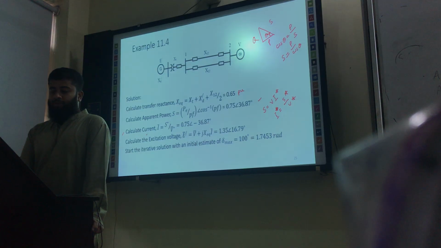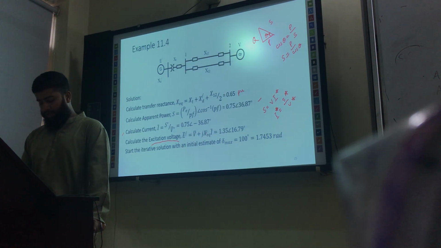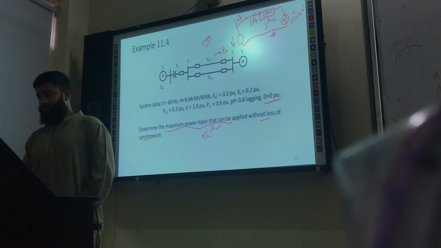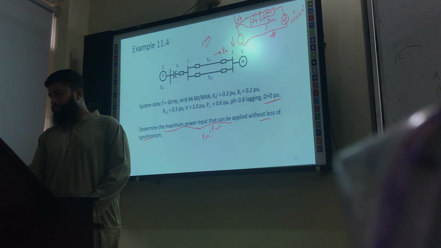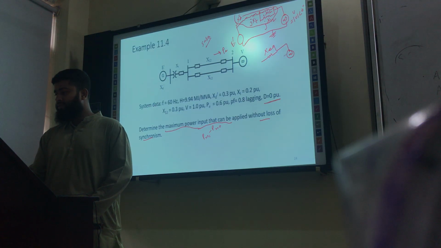Then we can calculate the excitation voltage E prime. Okay, how can we write this formula? These reactances are represented by only a single reactance, that is X equivalent, right? And there is your infinite bus voltage, and you have the E prime here. So you can apply the KVL, right?